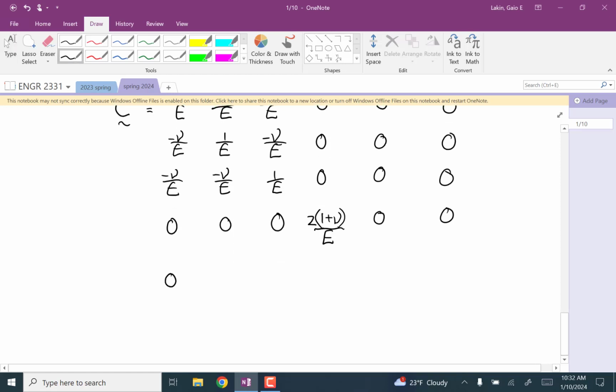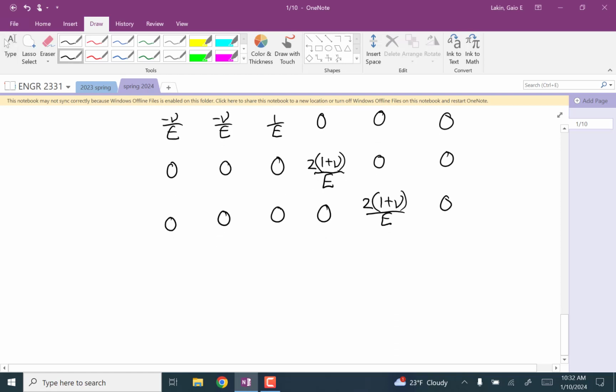For the 5th element, this moves over to the 5th spot. And for the 6th row, that moves over to the 6th spot.